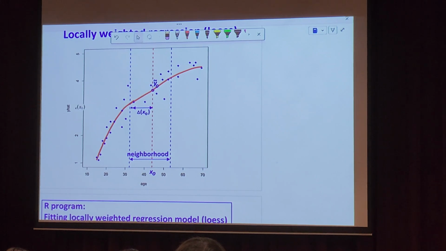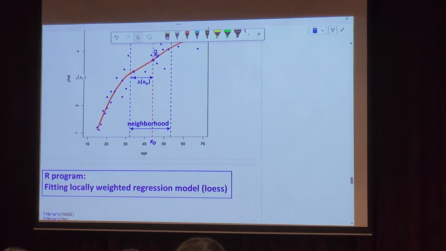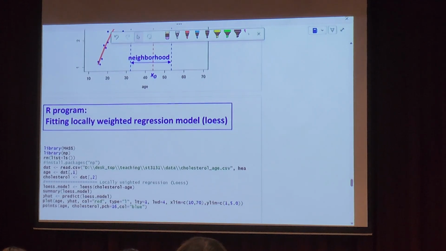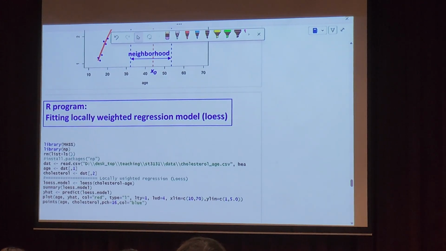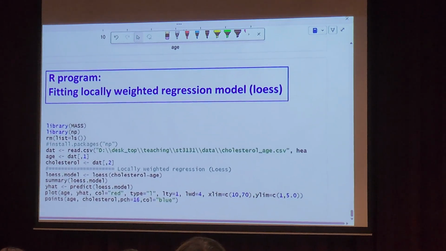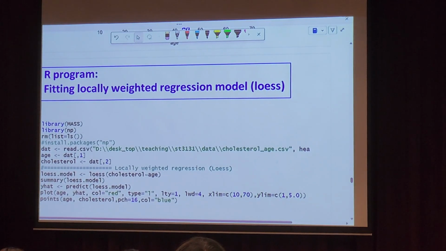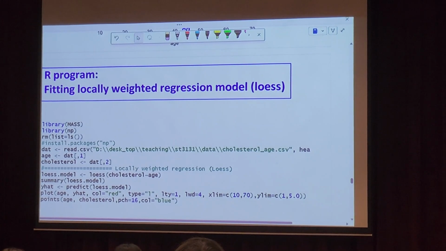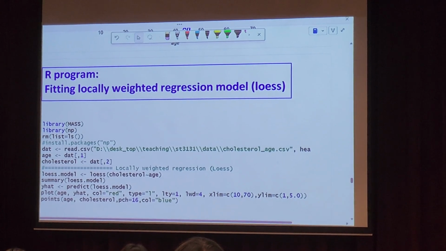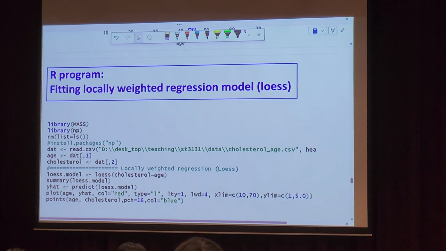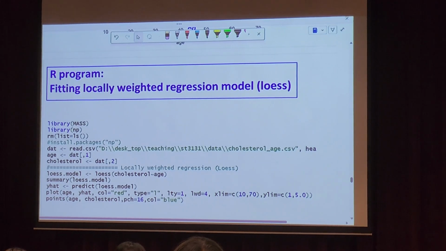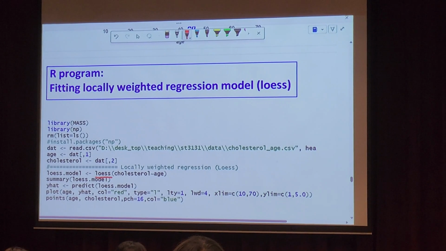So that's the idea, that's the theory behind the loess model. Well, all these sound very beautiful, but if you don't know how to apply, you don't have a program to do it, it all remains on paper. So in our program, fortunately, we have a function developed by some researcher.